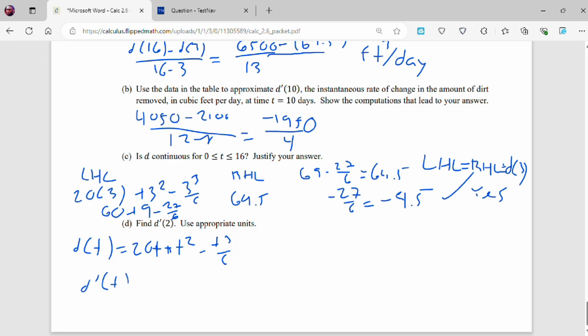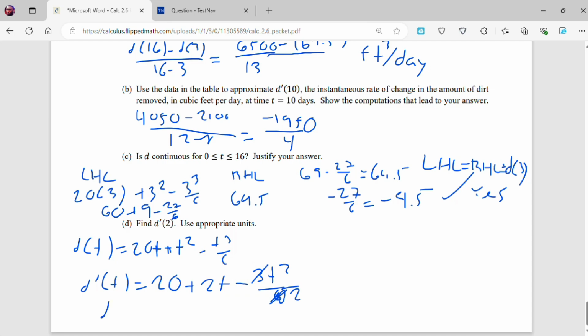D'(t): constant times a variable is going to be the constant. Power rule for the next one. Power rule again, bring the 3 down. So 3t squared over 6, which is really t squared over 2.